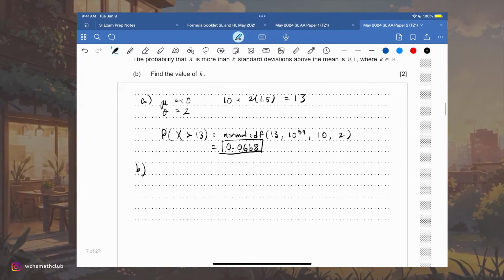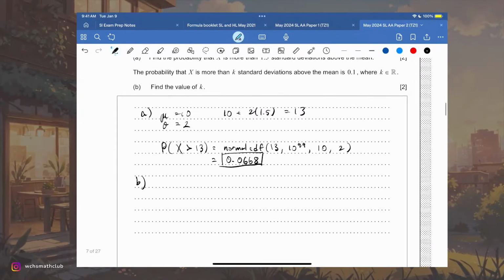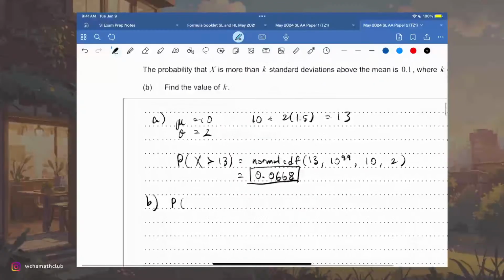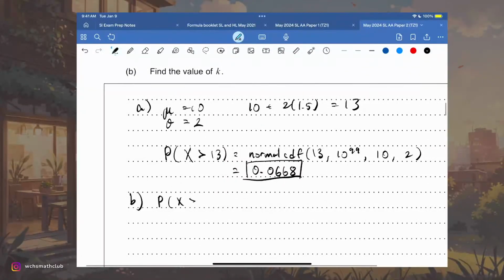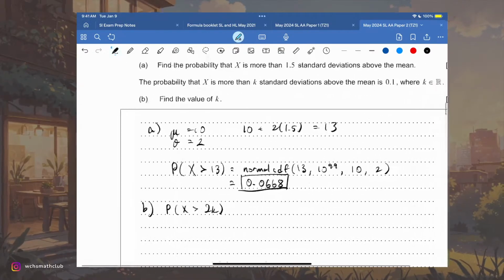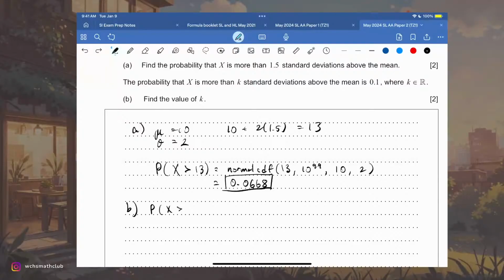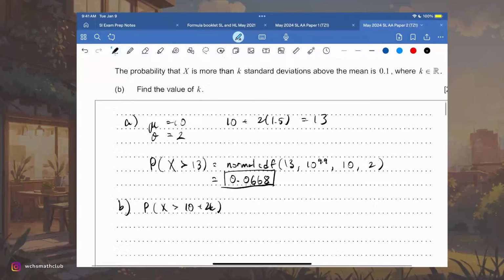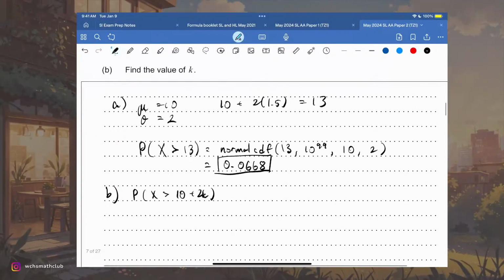So P(x > 10 plus 2k), because that's the actual value we're looking at, is equal to 0.1.